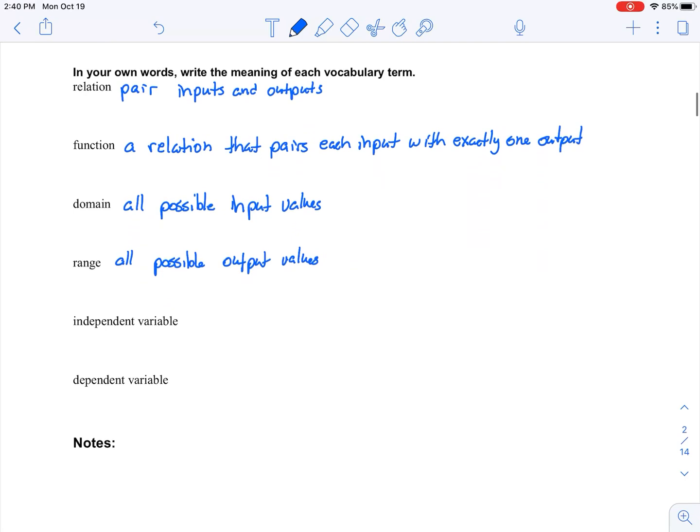And again, since you can pause this, I'm going to keep on roaring through the definitions here. So the independent variable is going to be the variable that represents inputs.